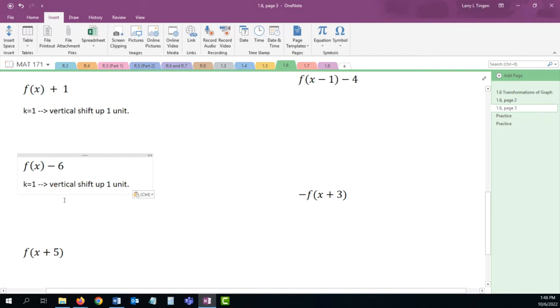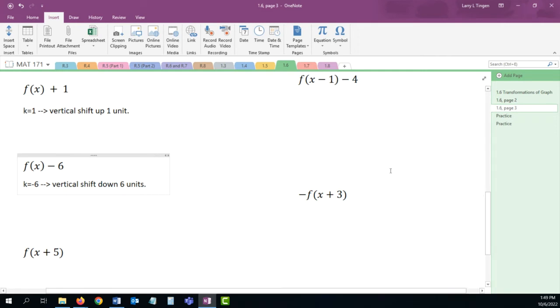So what do you think that's going to do? It's a vertical shift. Now I'm going to go down 6 units. Nothing else changes. No directions change. But the whole parabola comes down 6 units.